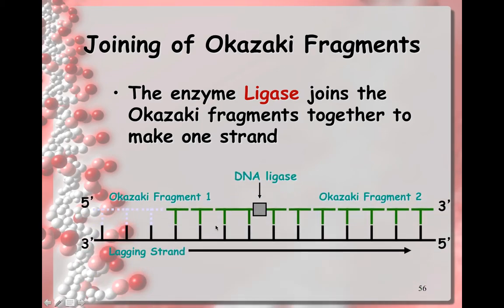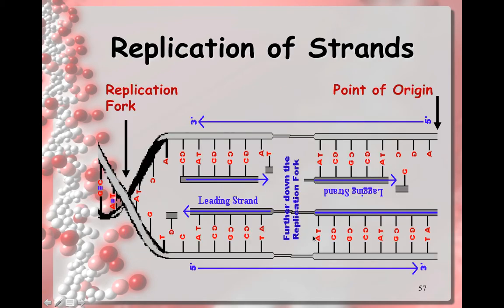So we had an Okazaki fragment here, Okazaki fragment here. We bring it together with one enzyme called ligase. So our leading strand is created 3' to 5' continuously, while our lagging strand goes from 3' to 5' again, but in segments.